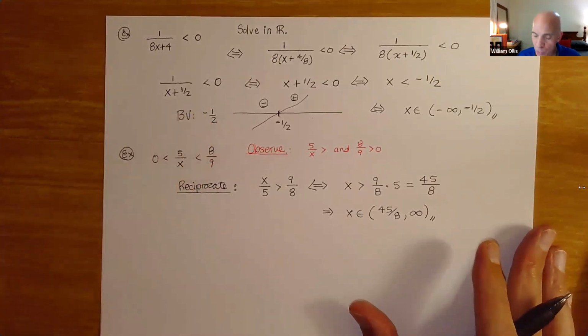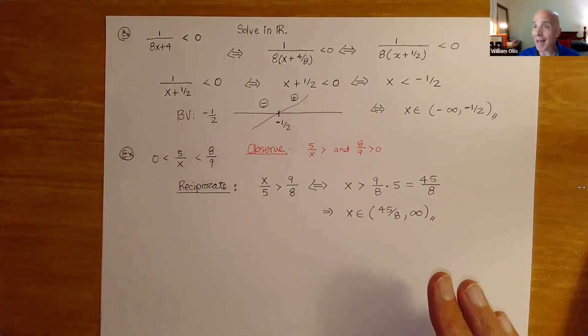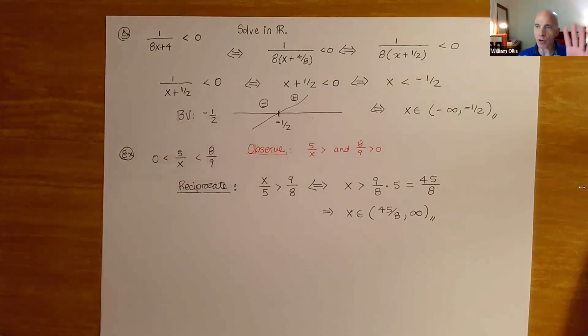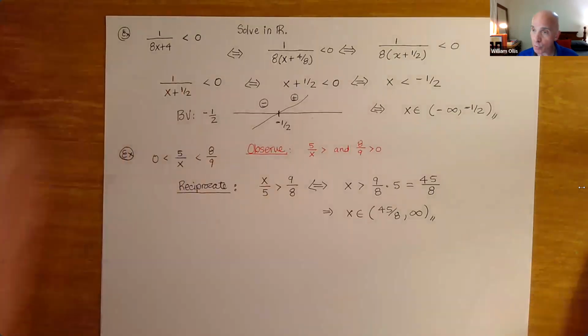So just remember, the BVs will come back as we have expressions that have several places where the expression is 0, maybe a couple of places where the expression is undefined, and then we can plot the numbers and do a really simple sign test using multiplicities of zeros, which we're going to say more about as we continue with the course. So for right now, these are excellent techniques which you can use to get used to the idea of the boundary value.